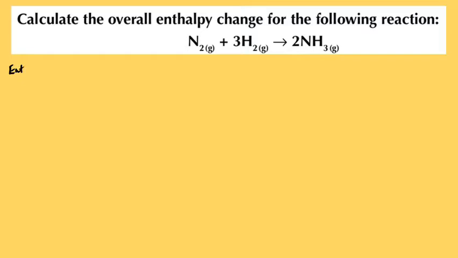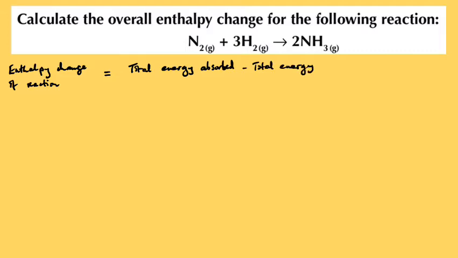So the enthalpy change of the reaction, as we saw earlier, is equal to the total energy absorbed, minus the total energy released. So that's our generic equation that we're going to use in these types of calculations.